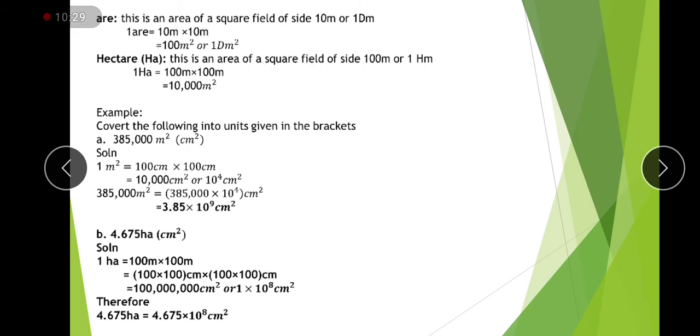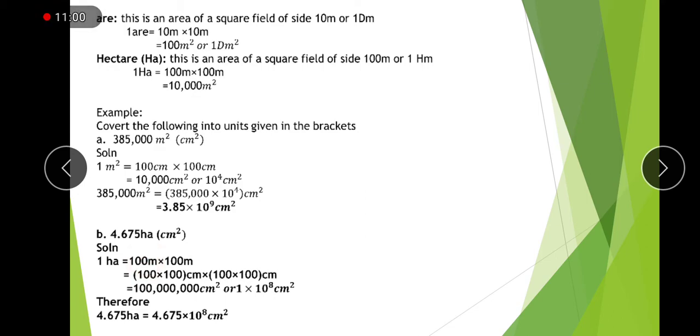Now, example number 2. We want to convert 4.675 hectare to square centimeter. We know that 1 hectare is equivalent to 100 meter multiplied by 100 meter. But we want to convert hectare to square centimeter. Therefore, we convert 100 meter to centimeter.